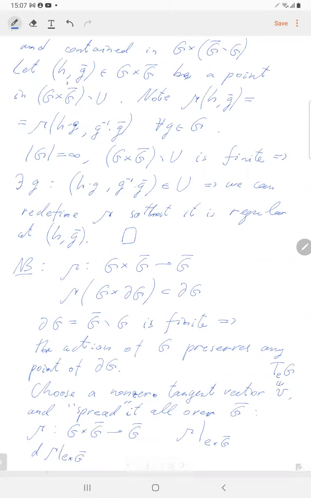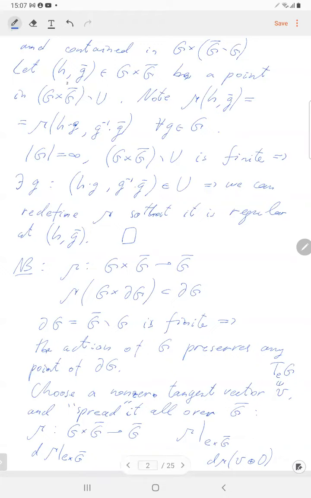Then the differential d mu takes our vector v at identity plus zero vector at another element. Okay, and this gives you some vector field on G bar.